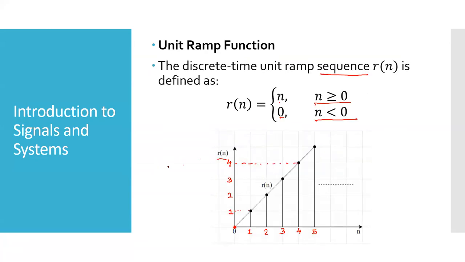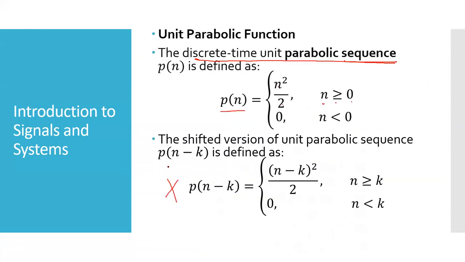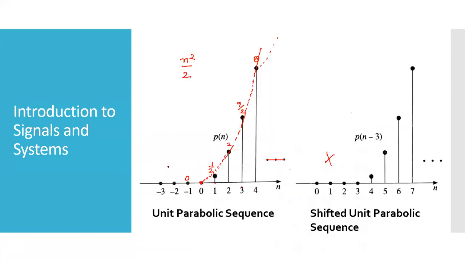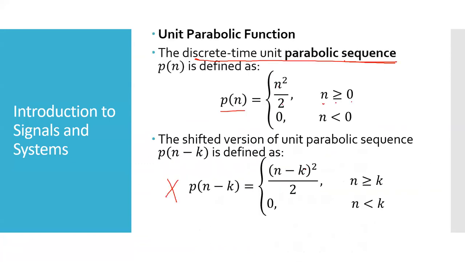Now, next is the shifted version of unit parabolic sequence, P of n minus k. P of n minus k is defined as n minus k whole square by 2 for n greater than or equal to k, and it is 0 for n less than k.